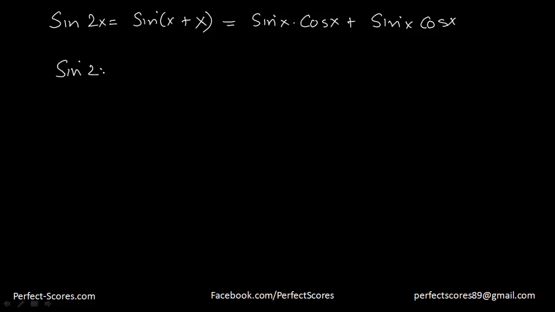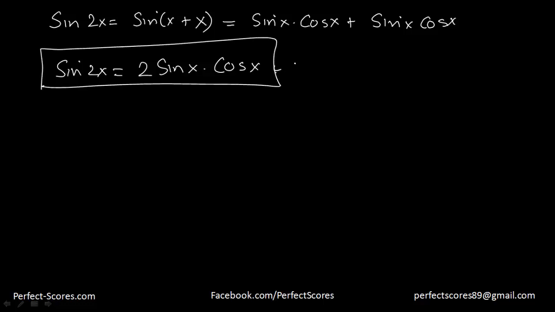So we can say that sine of 2x is equal to 2 times sine x into cos x. That is a very, very important expression. I suppose you're understanding this point over here, guys.